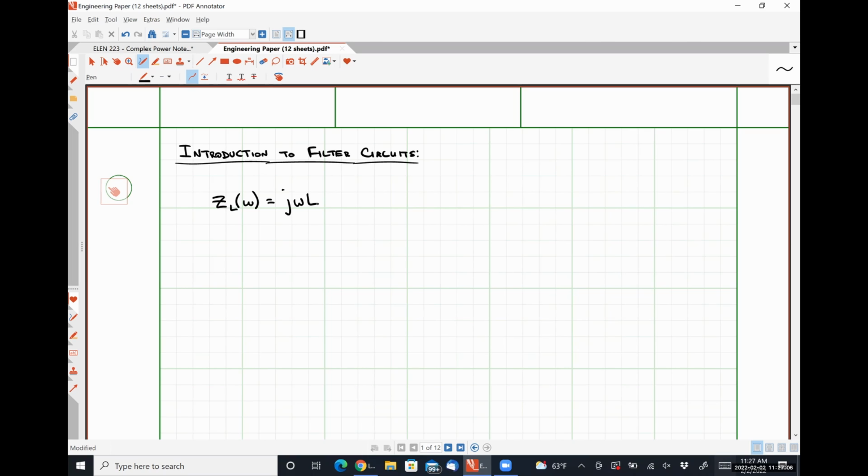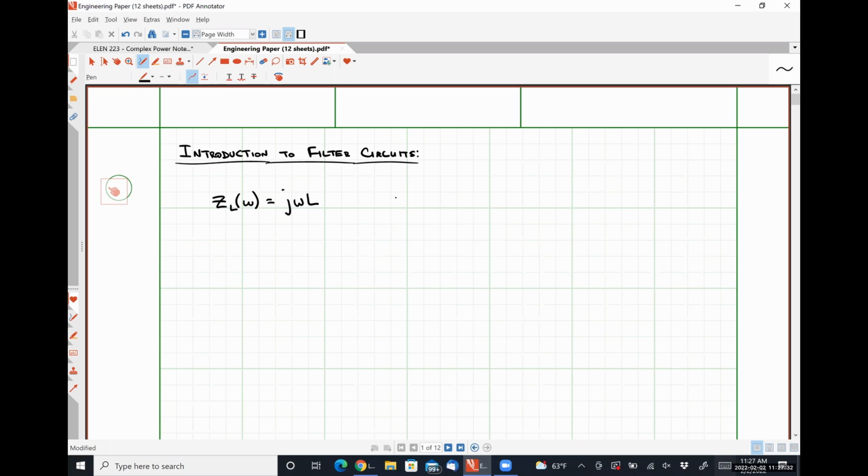Okay. Sorry. So for an inductor, we see at very low frequencies that our inductor looks like a short circuit, and for very high frequencies, since there's a proportional relationship between omega and the impedance, inductors start to look like open circuits. Okay.